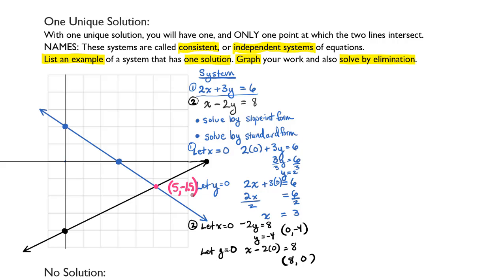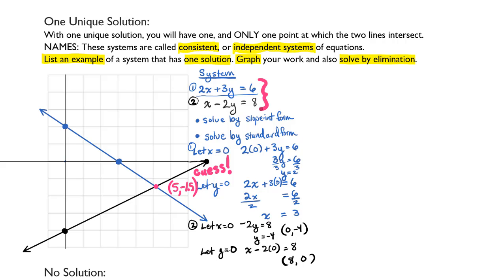And this is a guess. This is a guess. And that is because it's approximate. Now, the elimination method will allow us to find the exact intersection of those 2 points, because this particular system that I made up does not necessarily give us a nice integer answer by graphing.